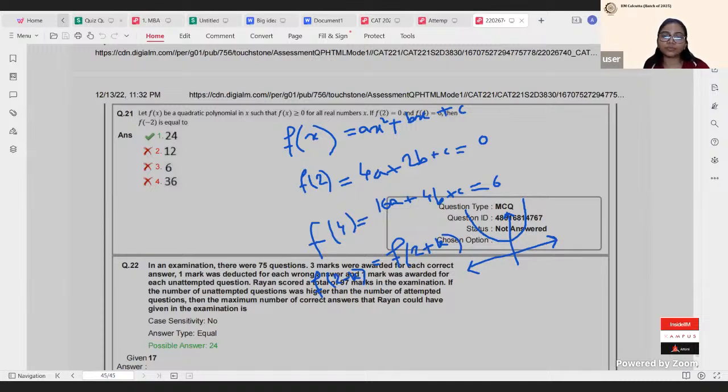And if I put k equals 0, then f of 2 equals f of 2 anyway. So the third equation we can write here is f of 0 equals 6, putting k equals 2, right? So 1, 2, 3. We have three equations, three unknowns. We need to solve for the values of a, b, c by simple formula. And ultimately, we can find the value of f of minus 2 also.